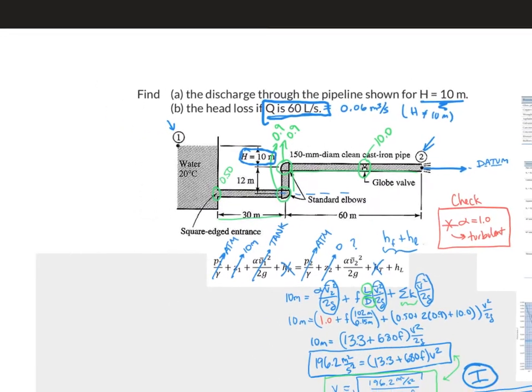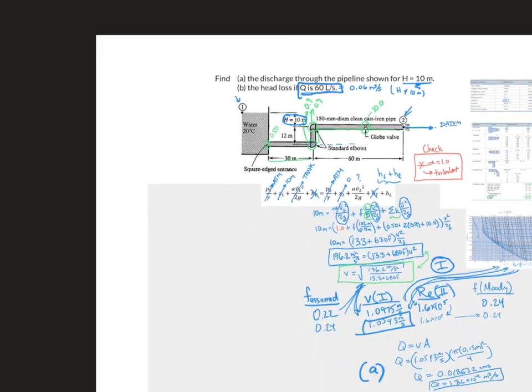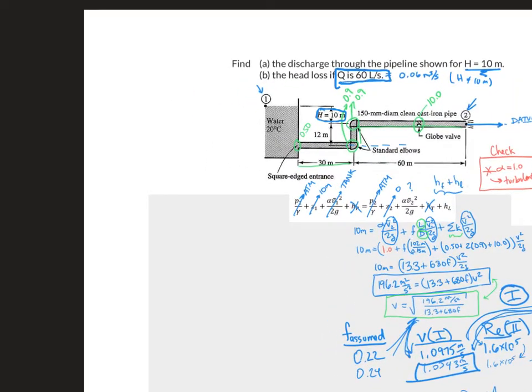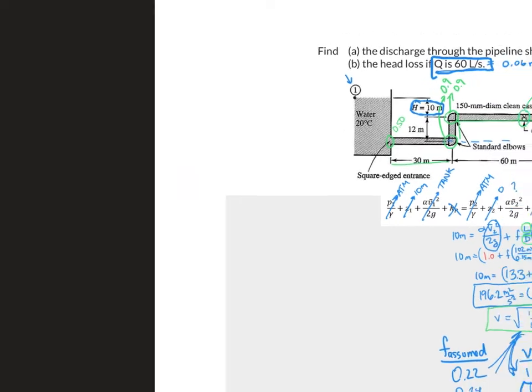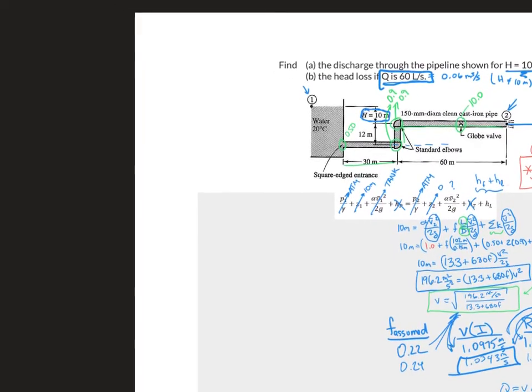Okay, so here the nice thing is we can use a lot of the stuff that we've already done in part A. We're just going to look at this head loss because that's what we're looking for. Let's just see if we can go straight forward. The head loss splits into these two things, the friction loss and the minor losses.